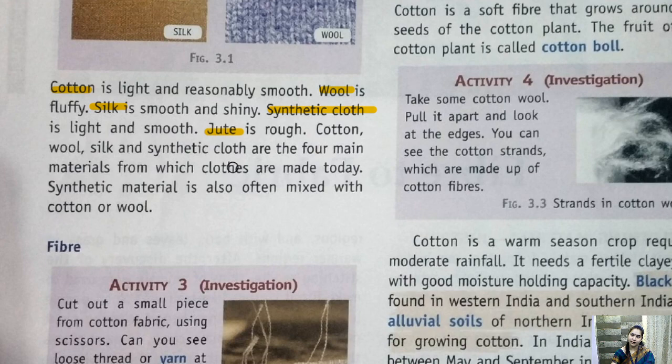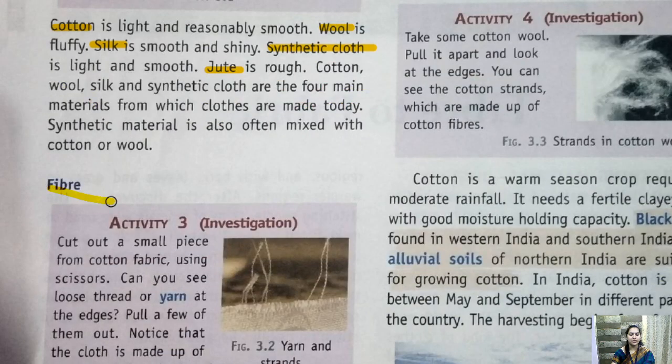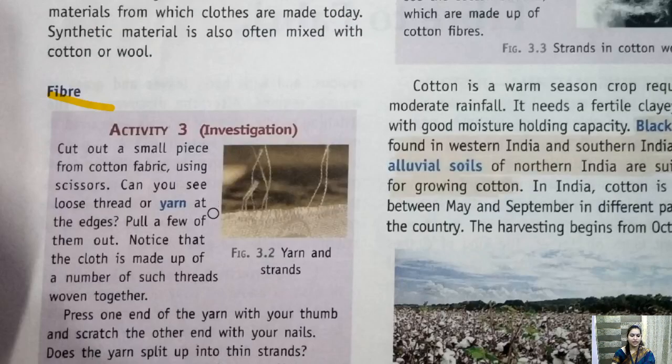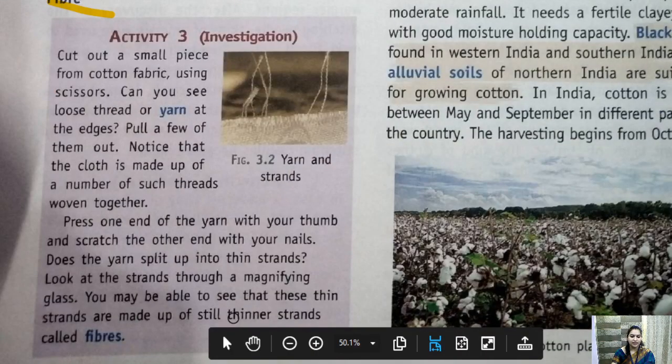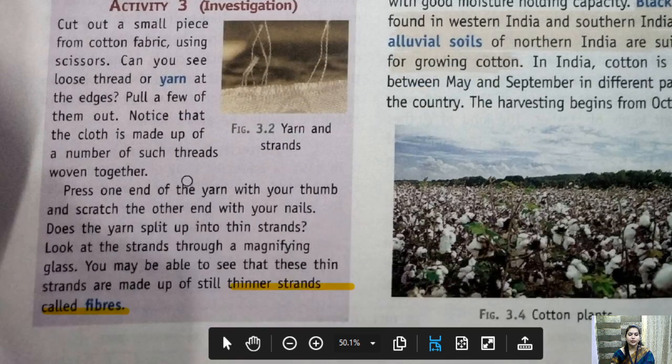Okay. Now coming on to fibers. So children, we can see that a thinner strand of thread is a fiber. Okay. And when we twist or spin the fiber, it forms a yarn.